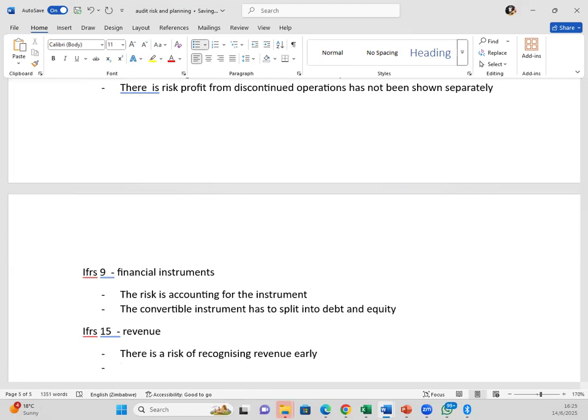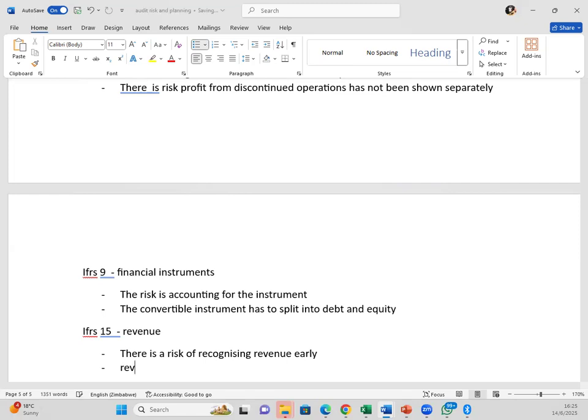There's a potential problem of the directors or managers recognizing revenue before the transaction is completed. Remember, the standard says revenue should be recognized after we have met the performance obligations. So there's a danger of recognizing revenue whilst we have not yet carried out all the performance obligations.